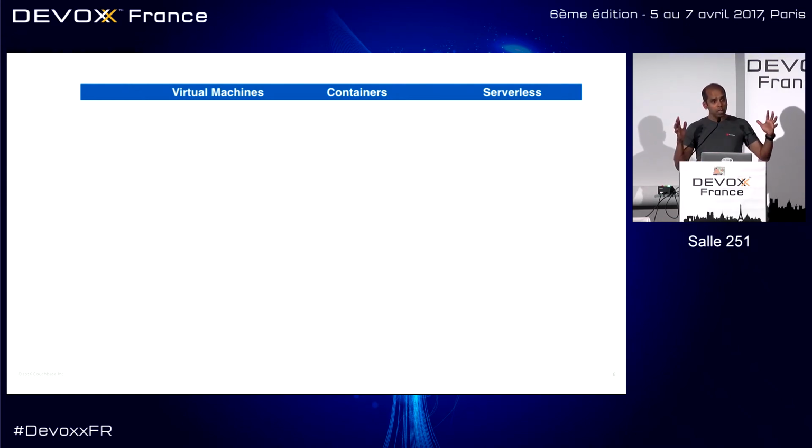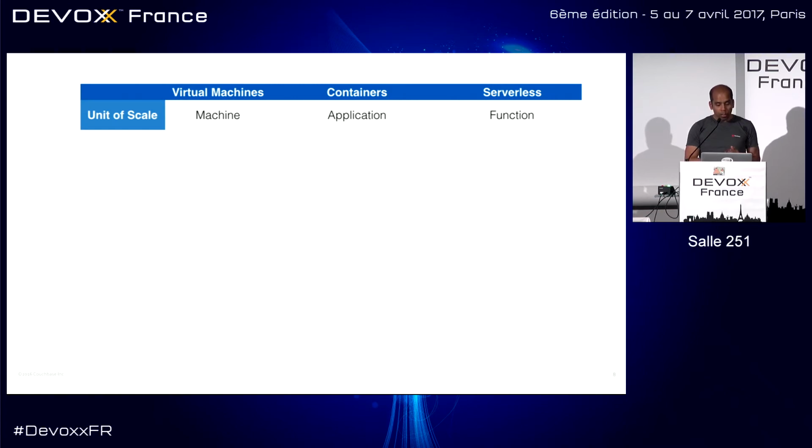If you look at the past 20, 30 years, at the way the industry has evolved, it went from virtual machines, and then recently containers, and then going forward, what we're looking at is serverless. So let's compare and contrast how these three different programming realms compare. In terms of these three different programming methodologies, the unit of scale for VMs is essentially a virtual machine.